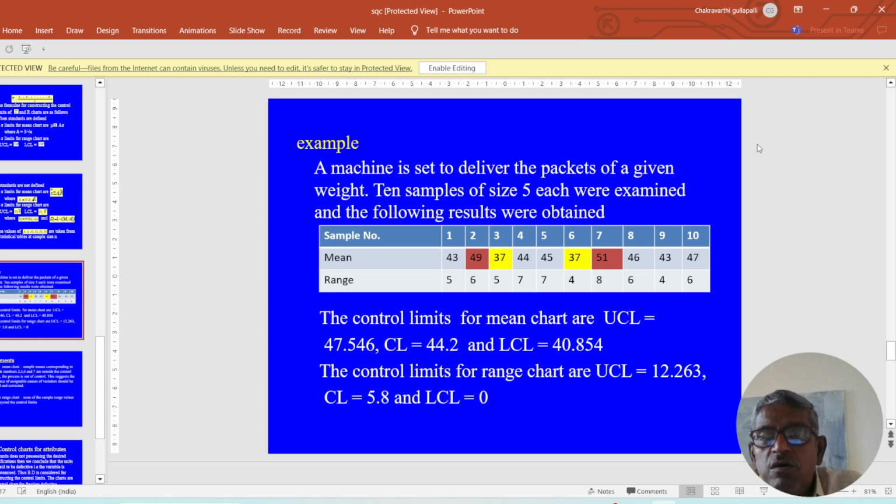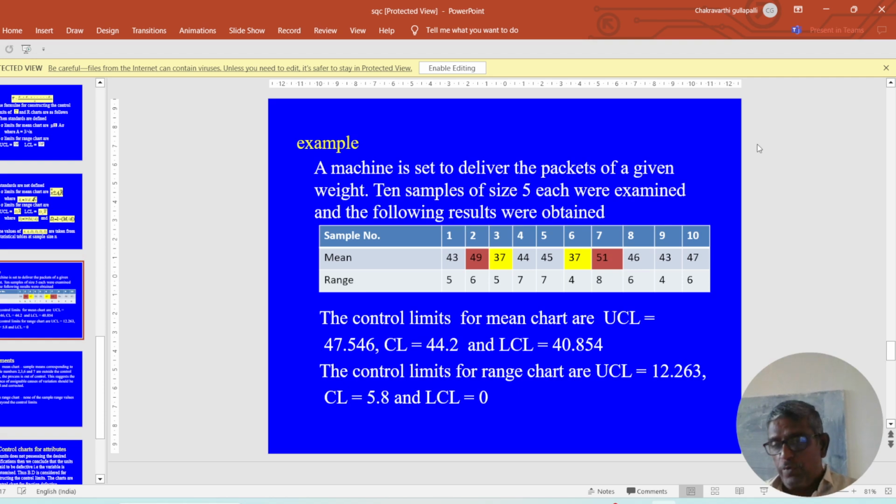Now observe, the UCL is 47.54, but two values, the second sample mean and the seventh sample mean, are beyond the upper control limit. And the LCL is 40.854, but the third sample and sixth sample mean values are below the LCL.